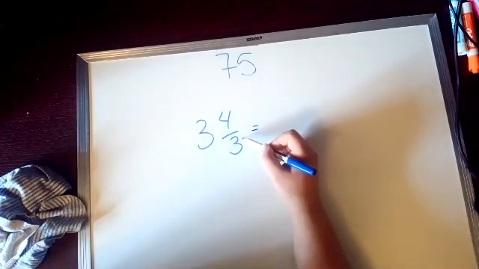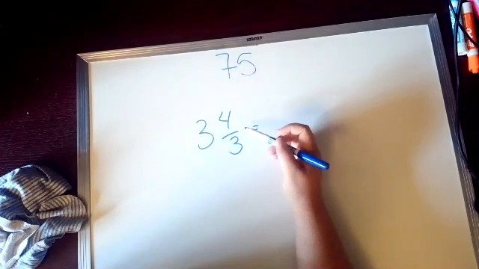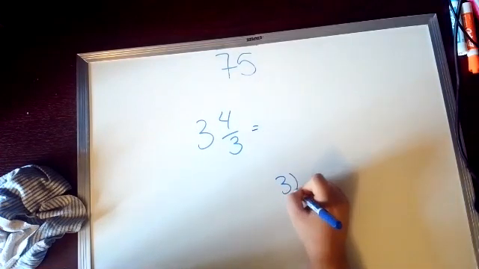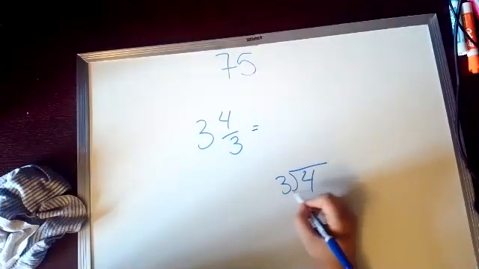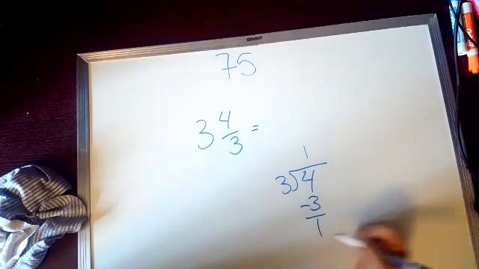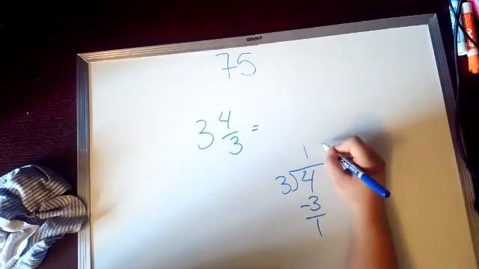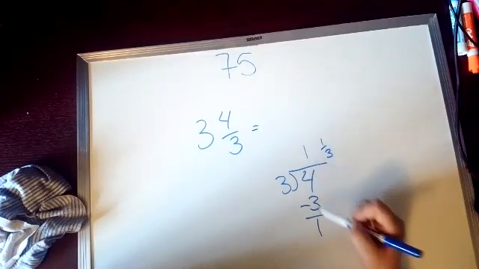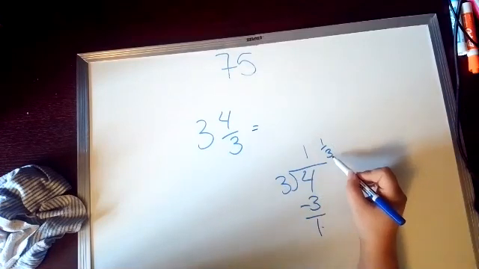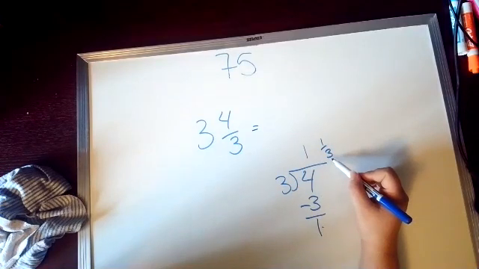So 3 goes into 4, because I said you need to start transitioning over to the division method, I'm going to use the division method. 3 goes into 4 once, which is 3, which leaves me with 1. Okay, and that would be 1 and 1/3 because my 1 is my numerator and my divisor is now my denominator.